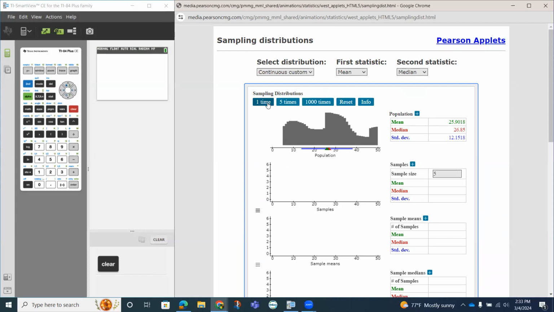If I do that again, it'll pull out another 5 values and do another sample mean. I could do that on and on. If I do that 5 times, it'll pull down those values and calculate 5 sample means.